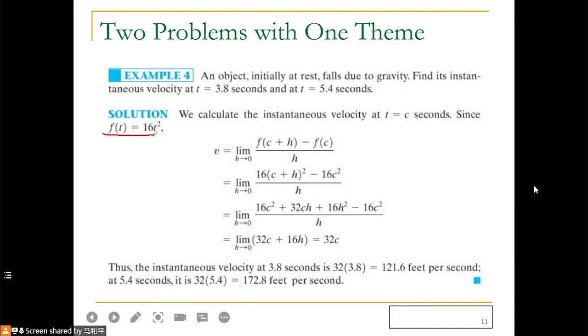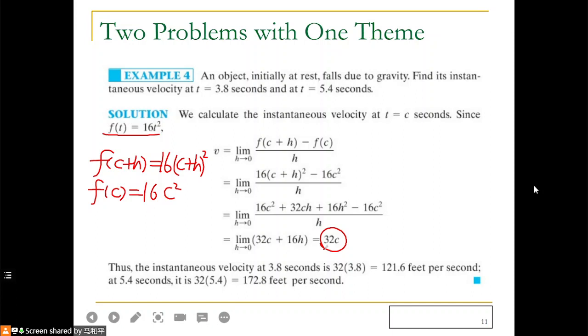This means f(t) is 16t squared. So f(t plus h) is equal to 16 times (t plus h) squared, right? f(t) is 16t squared, okay? So minus, we simplified, 8 is equal to 32t. This is 8 times t.